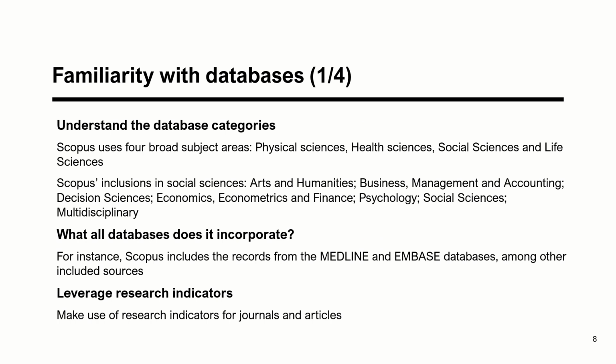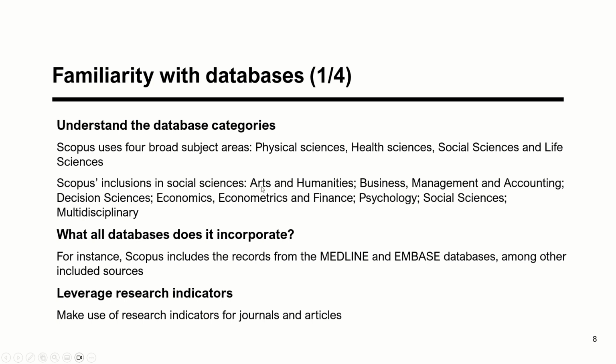Now, familiarity with databases, right? It's very important that you work with some of these databases and become familiar with how you navigate through them. How do you extract the data from them? It's also important to understand that there are some segregations in terms of how these databases segregate, say, social sciences.